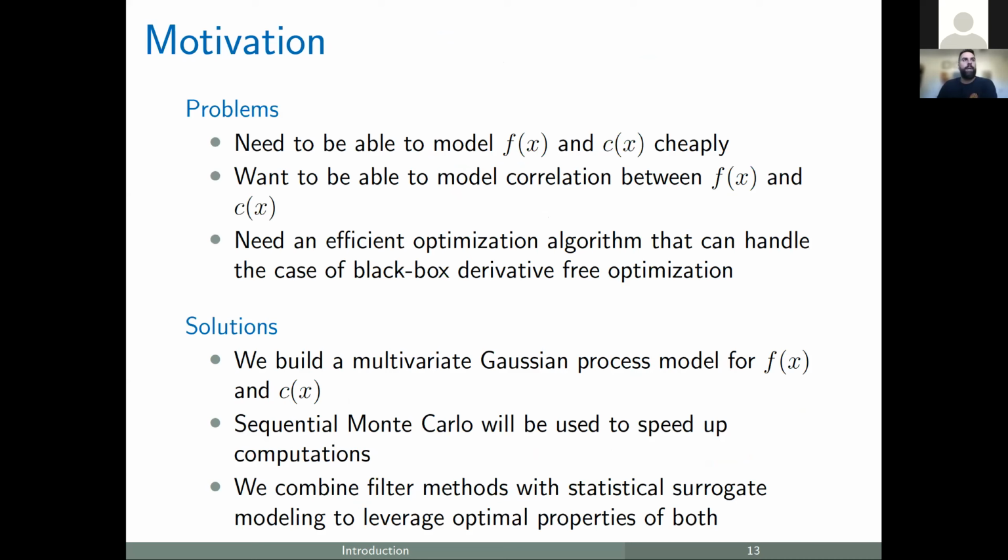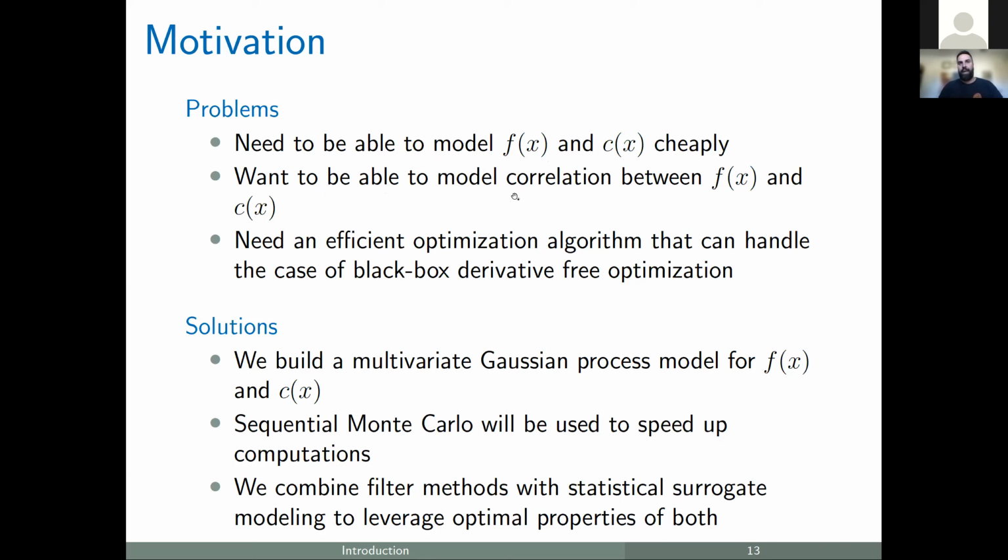Some of the common problems that you run into in this area are, well, you need to be able to model f and c cheaply. This goes back to the idea that you have this black box system that you're going to be trying to model. I haven't really talked about that yet, but you're going to have an underlying statistical model for the black box system. Evaluations of f and c are expensive: for every input we put in, we get an expensive evaluation out. So we want models that can model these things very efficiently, because running the actual computer model is expensive.